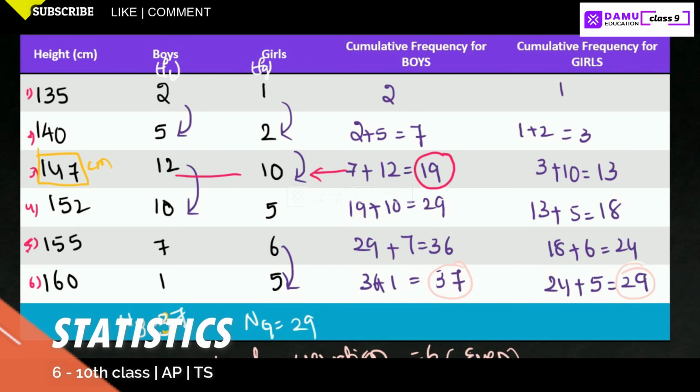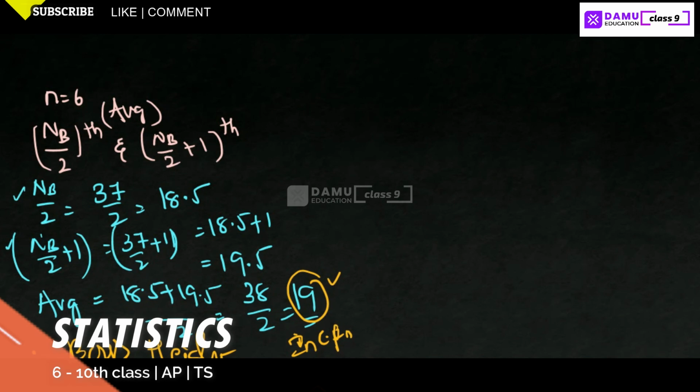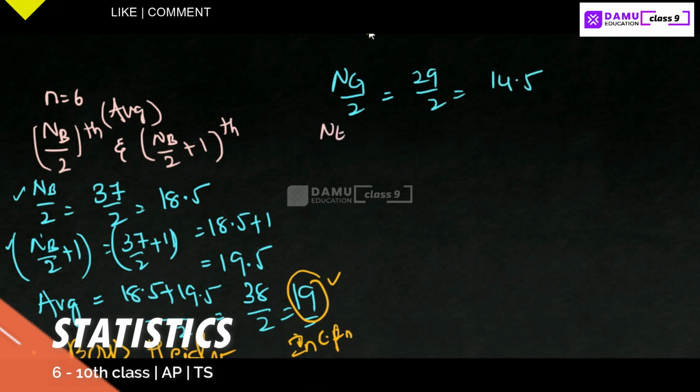So for girls, the average of the ng by 2 term and the ng by 2 plus 1 term for even n. What is ng here? 29 by 2. So 29 by 2 is equal to 14.5. Then the ng by 2 plus 1 term, that is 14.5 plus 1, that is 15.5.